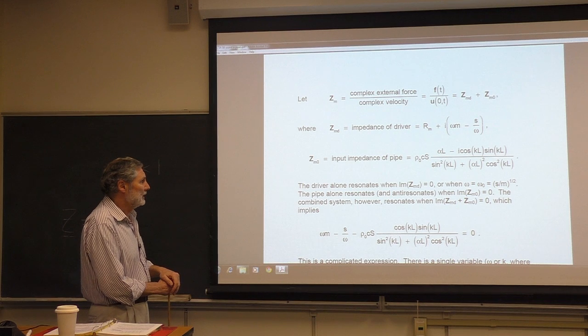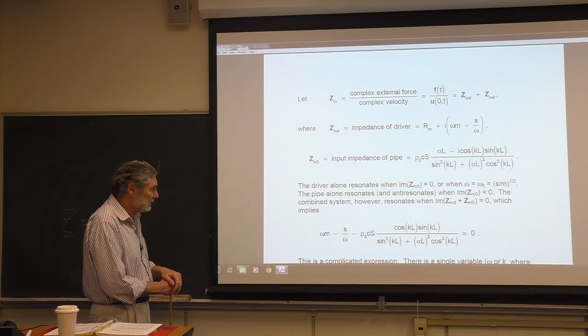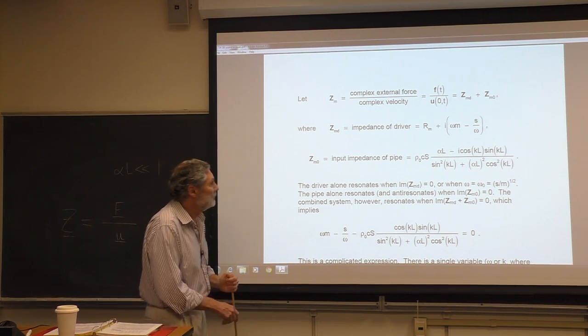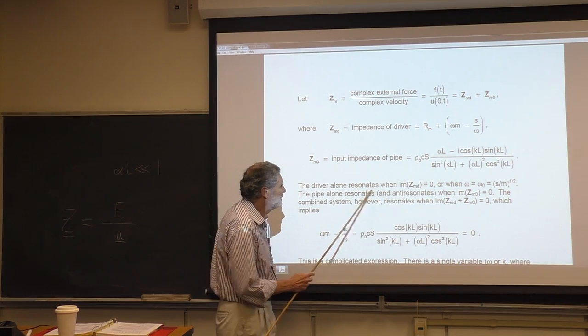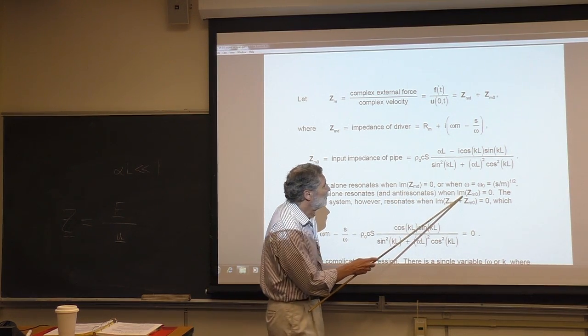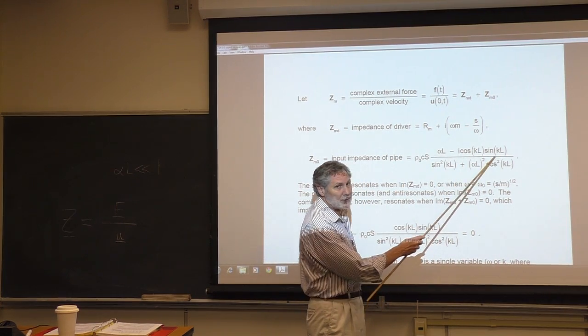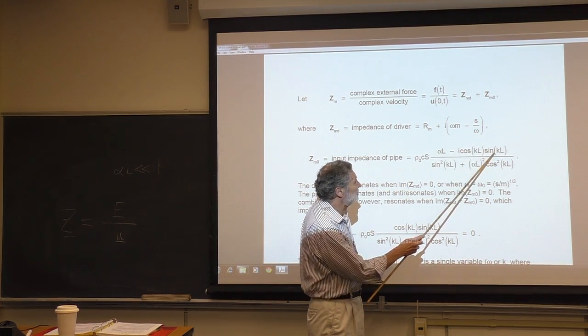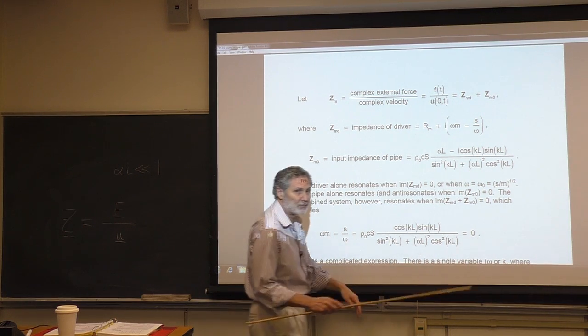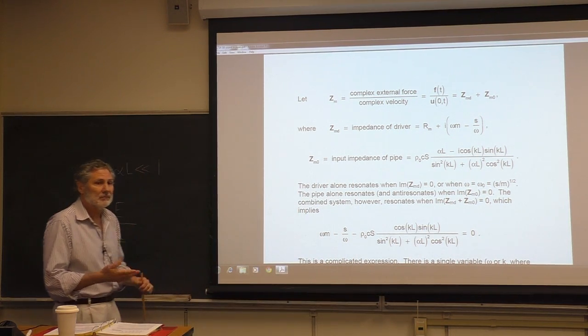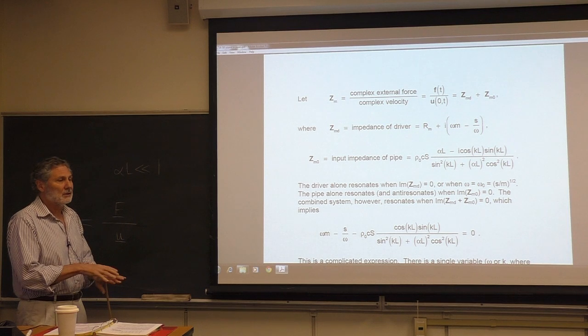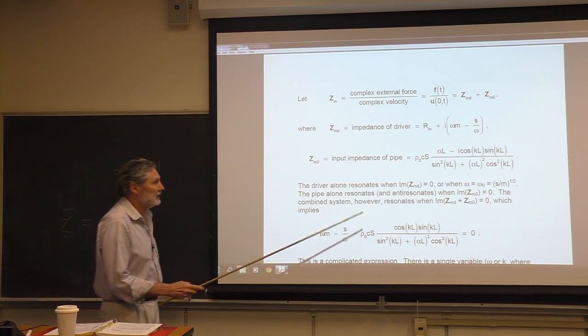So that's where the driver alone resonates. The pipe, we discussed this yesterday. The pipe resonates and anti-resonates when the imaginary part is equal to 0, right? And we get this doubling of zeros here because of the product, and we keep half of them. What we typically call a resonance, those resonances are interleaved with the anti-resonances.